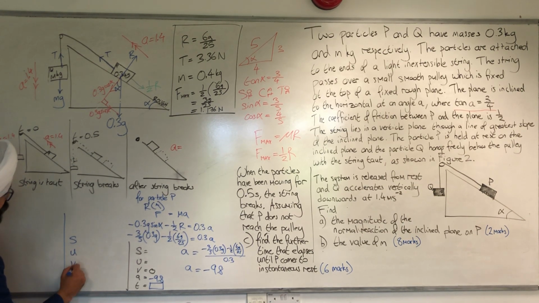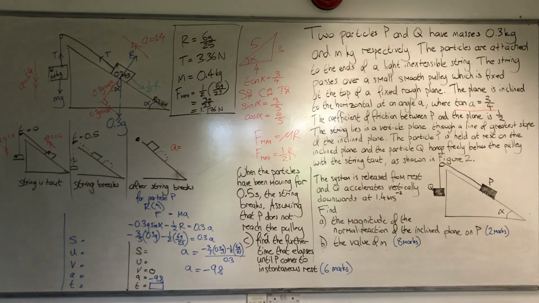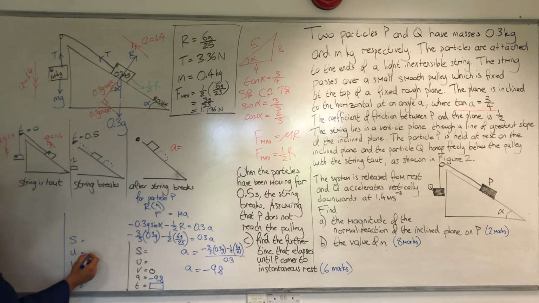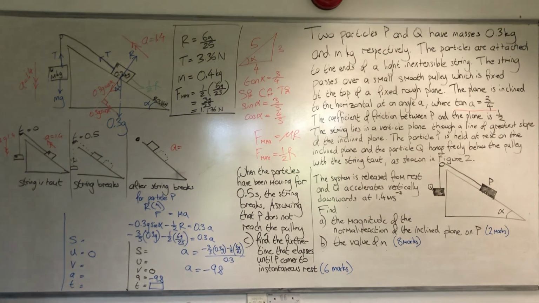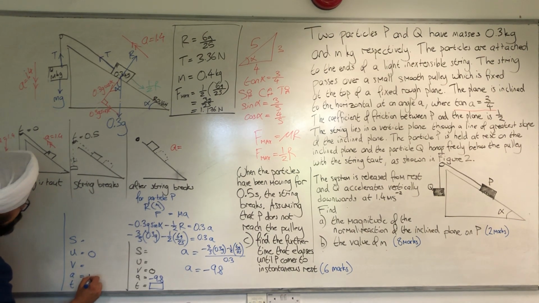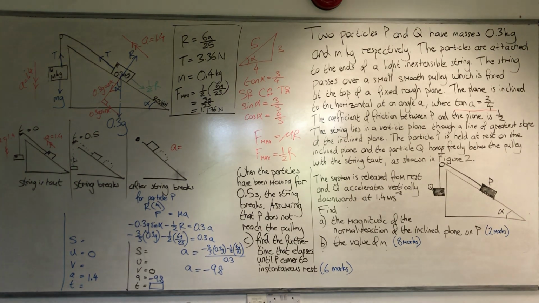S, U, V, A, and T. So your initial velocity for this motion is going to be, it starts from rest, 0. The acceleration for this motion here is 1.4.